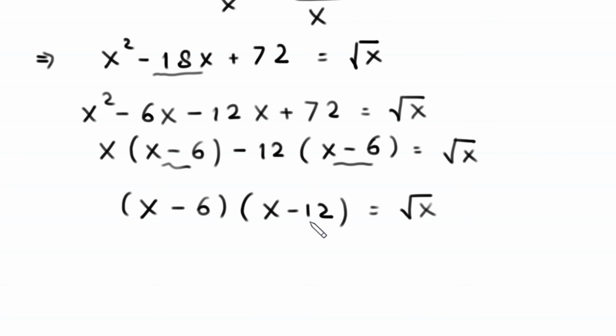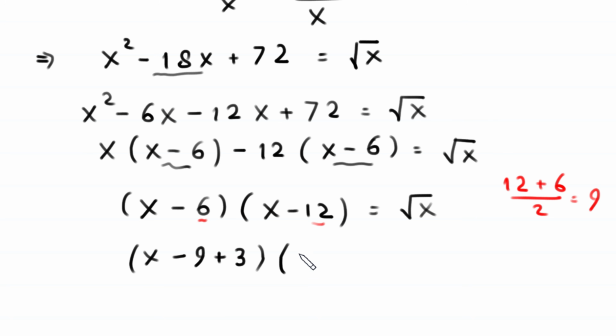Now the average of 12 and 6 is equal to 9. So we rewrite x minus 6 as x minus 9 plus 3, times we rewrite x minus 12 as x minus 9 minus 3, equal to root x.